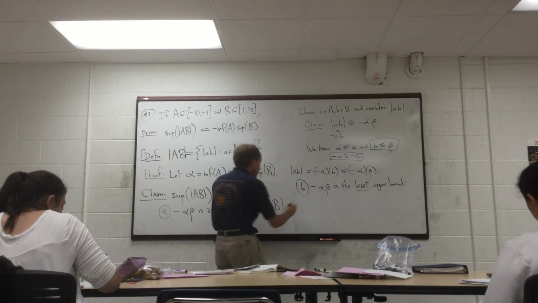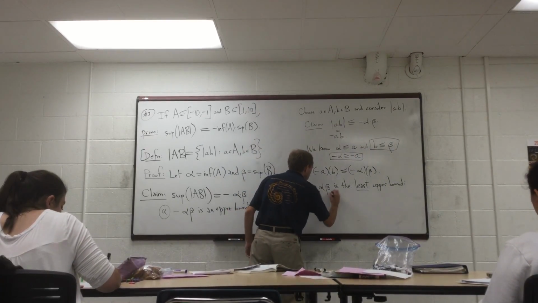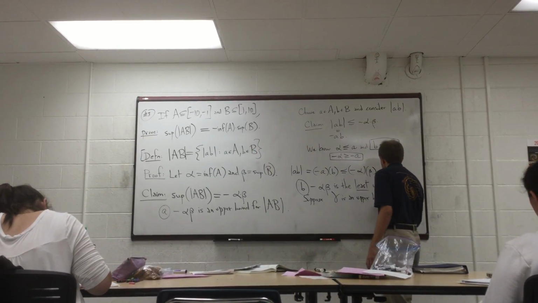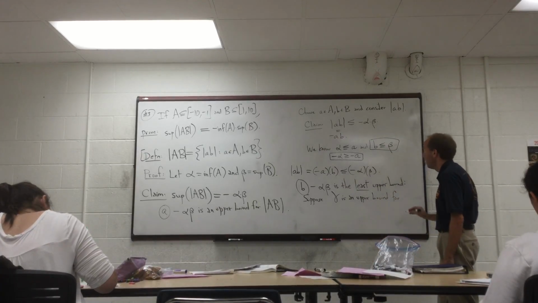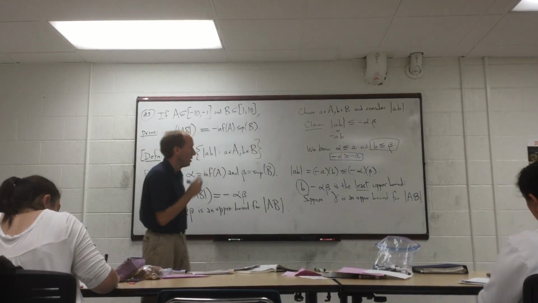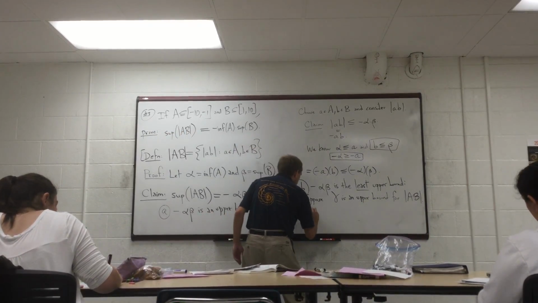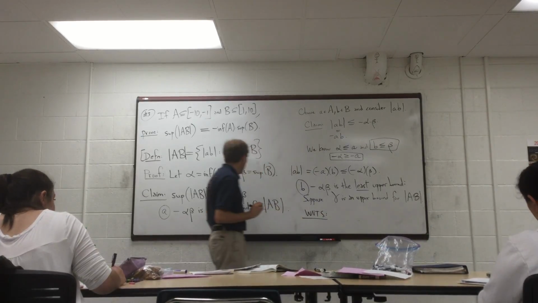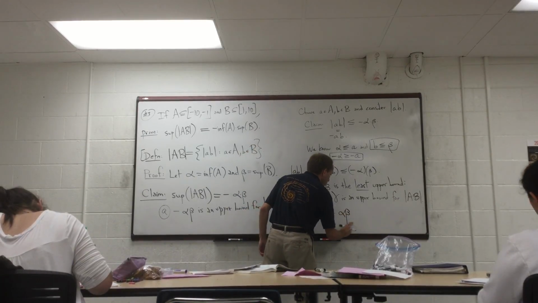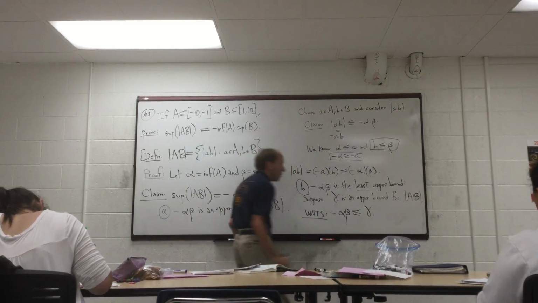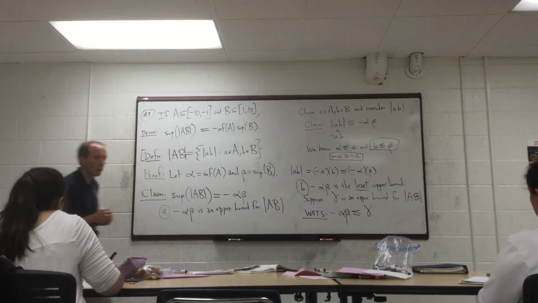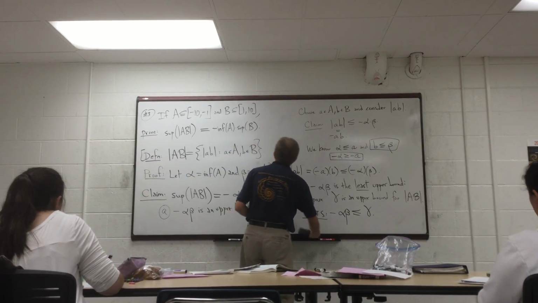So suppose that gamma is an upper bound for absolute AB. And we want to show that negative alpha beta is the least upper bound. So negative alpha beta should be smaller than or equal to gamma, right? Does this make sense?